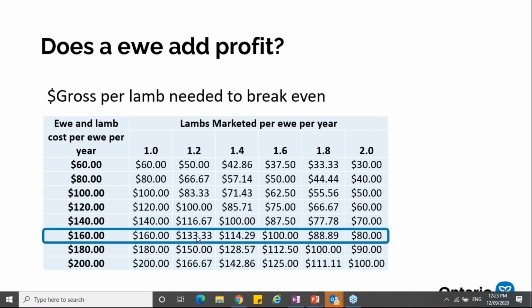So I also know from this that if I'm looking at a ewe and asking whether she's adding profit, and the price of lambs is $133, she has to be giving me at minimum 1.2 lambs marketed, not born, but marketed. And that's after I keep my replacements and all of that. By doing this kind of exercise, you can start to get an idea of what you need from a ewe to be able to say yes, she's profitable, or no, she's not.